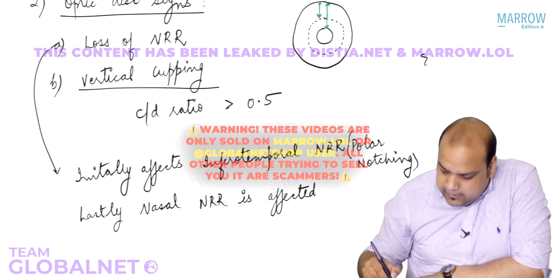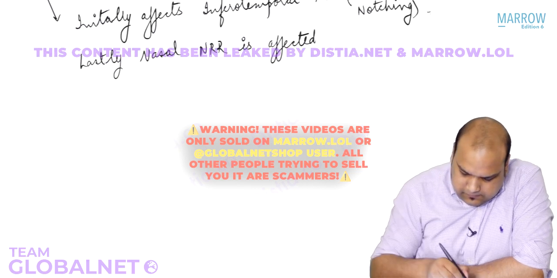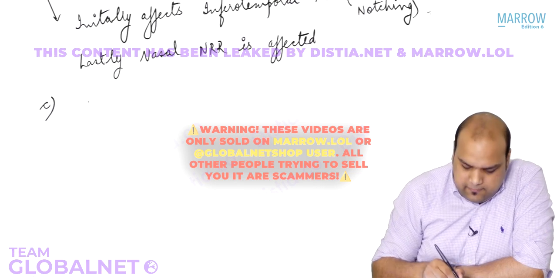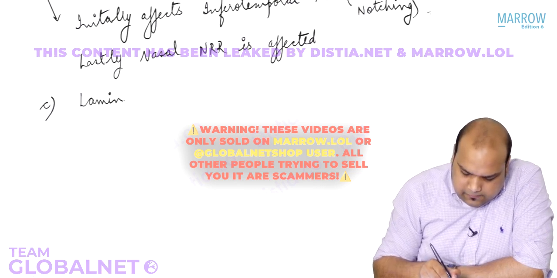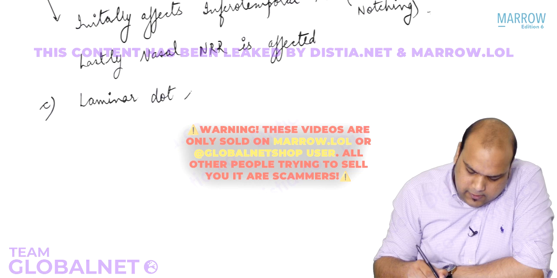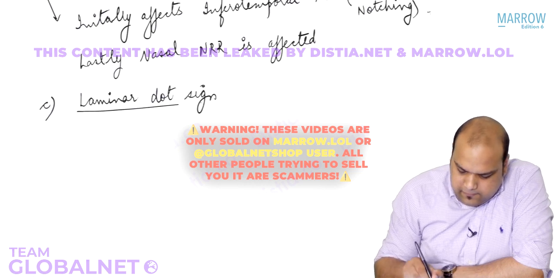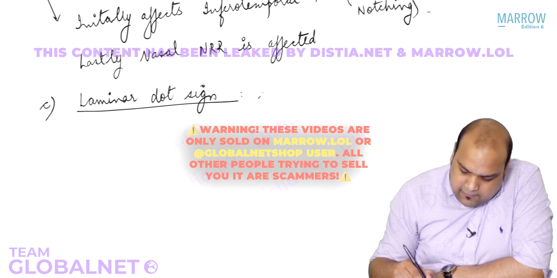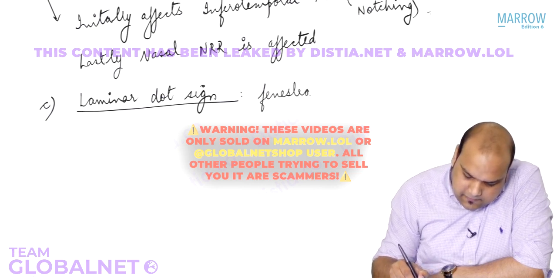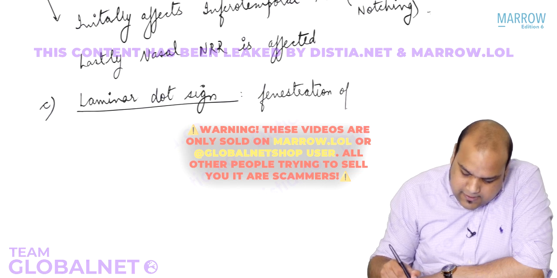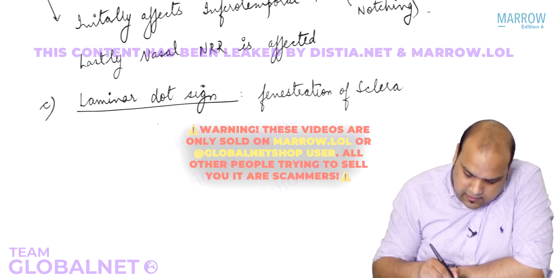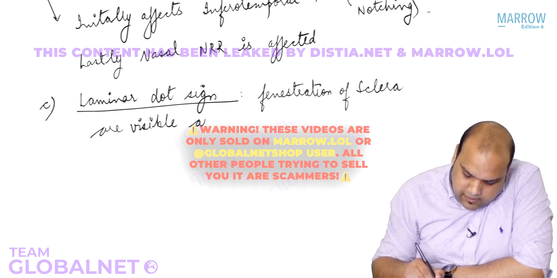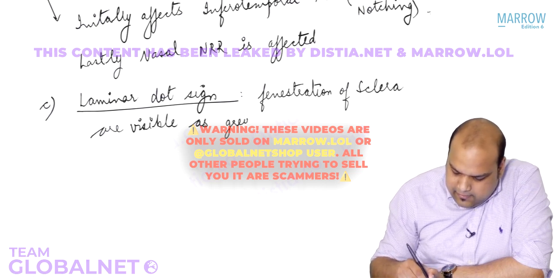Now, let's move on to the third sign. Third sign, laminar dot sign. Due to the large cup, now the fenestrations of sclera are visible as gray-white dots.